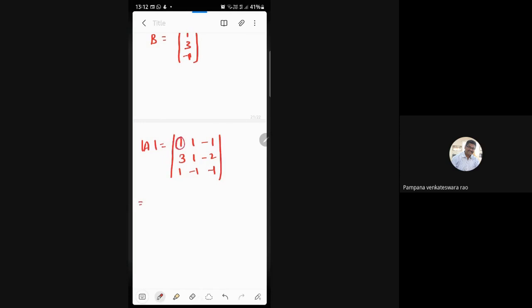The first element is 1, so 1 into det of, leaving the corresponding row and column, 1 minus 2, minus 1 minus 1. Second element, 1 into, again leaving the corresponding row and column, that means first row and second column, that is 3 minus 2, 1 minus 1. Third element is minus 1, that is minus 1 into det of 3 1, 1 minus 1, leaving first row and third column.